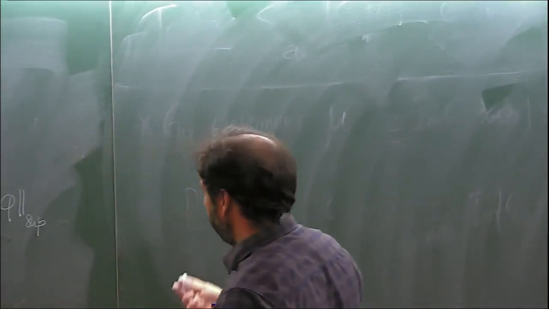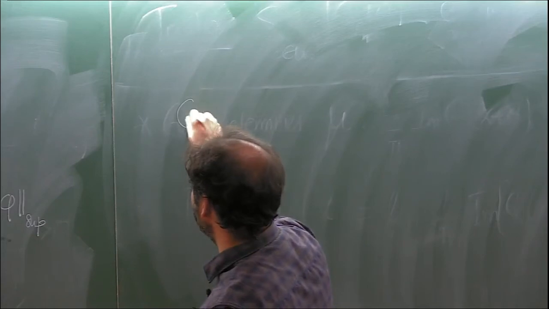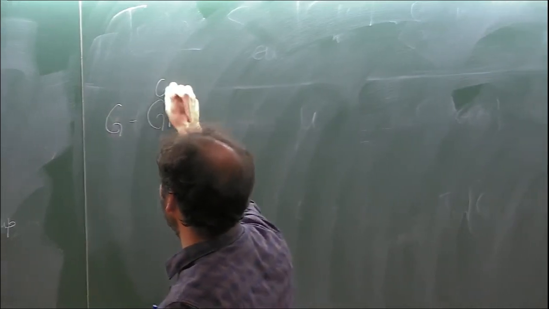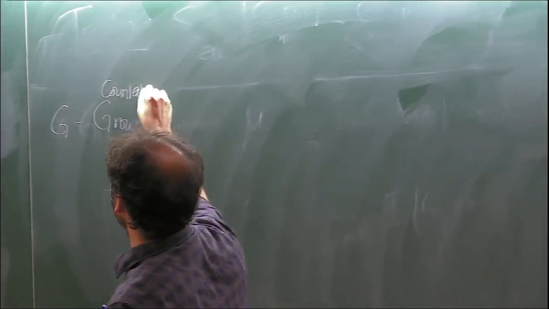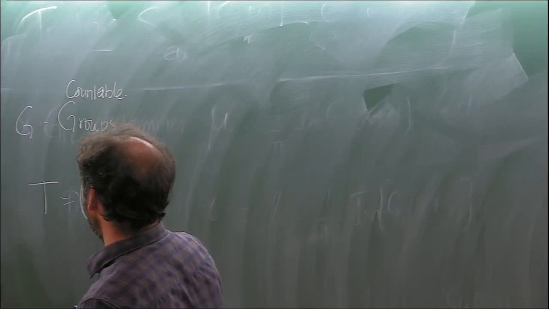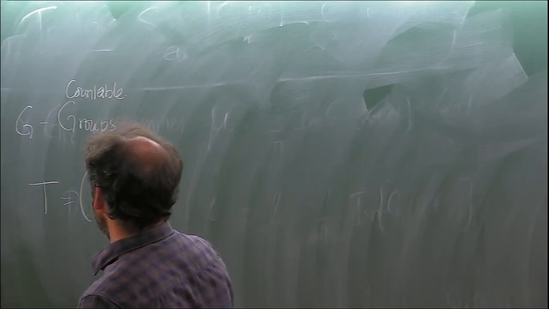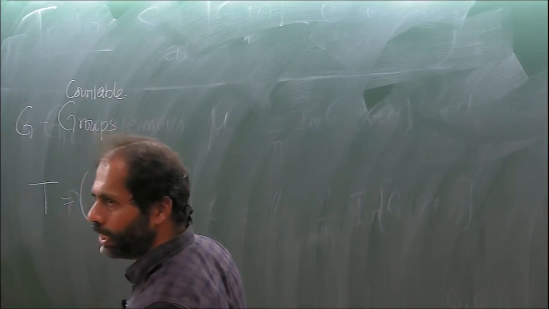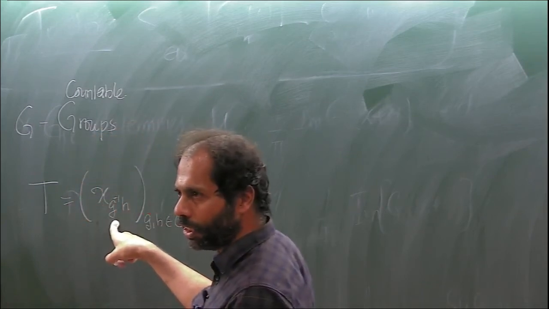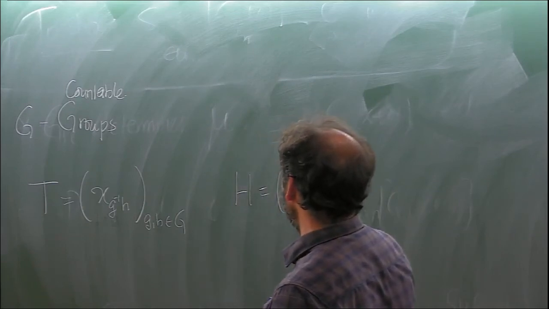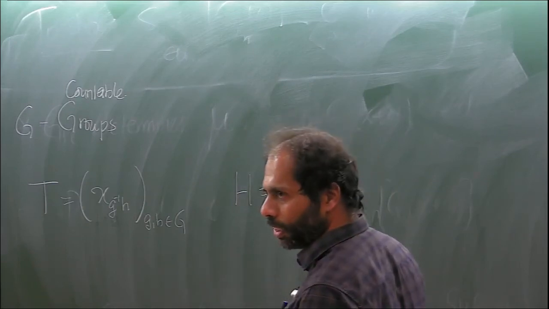What else one can do is go to more general groups. Suppose G is a countable group. Then a Toeplitz matrix is one where the (g, h) entry depends only on g inverse h, and a Hankel matrix is one whose (g, h) entry depends only on g times h.